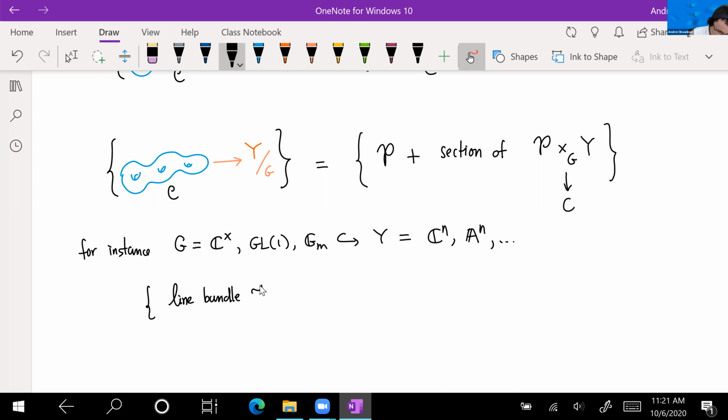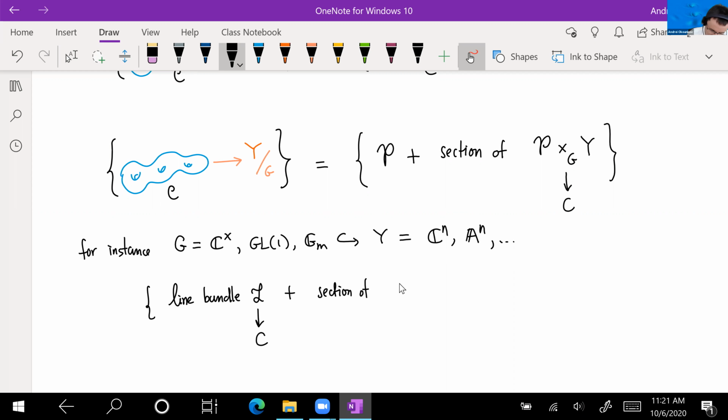L on my curve C plus a section of, well, what would be the associated bundle? That's just L copies.